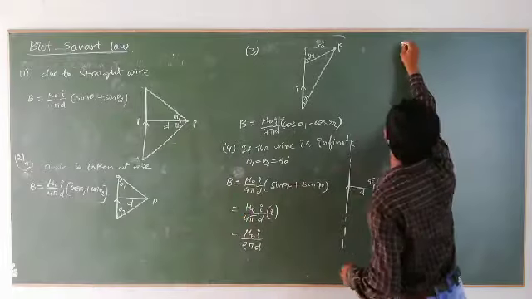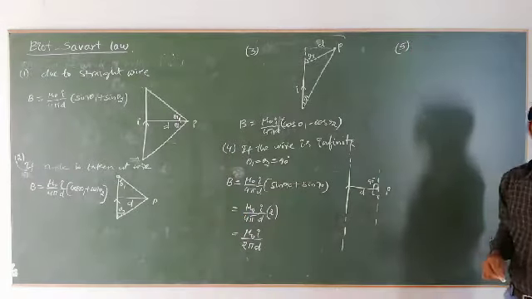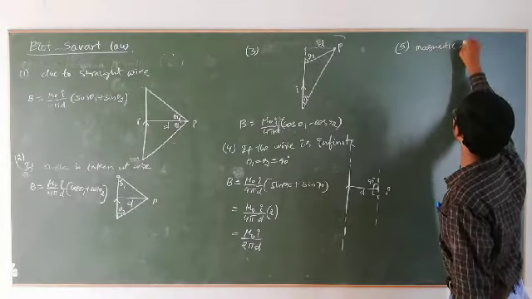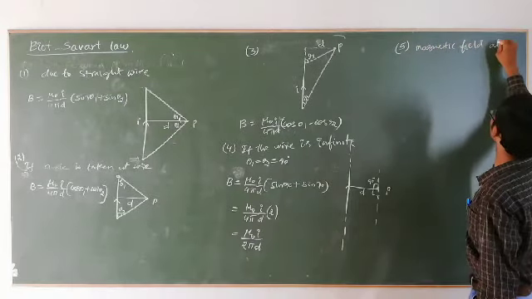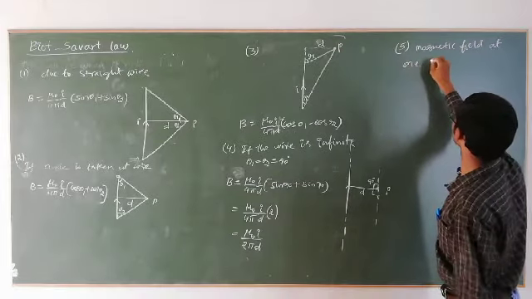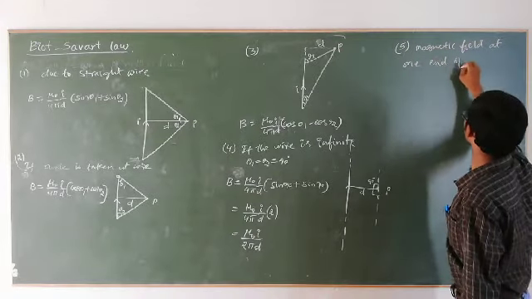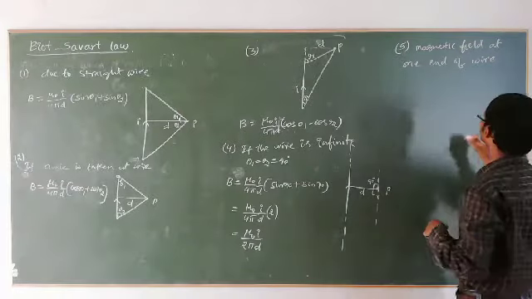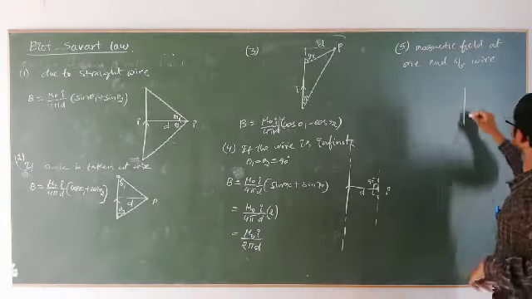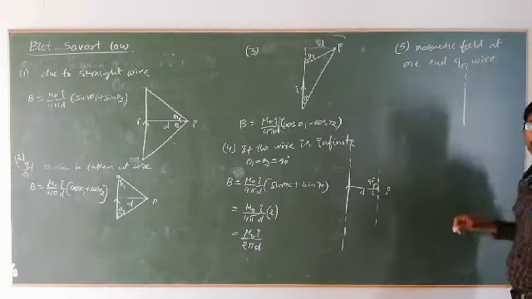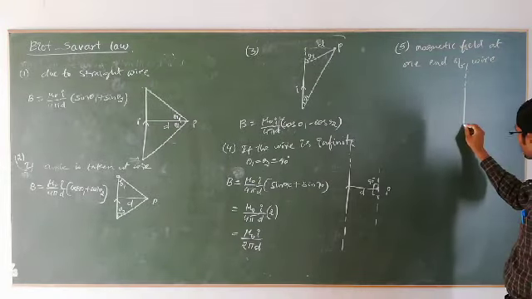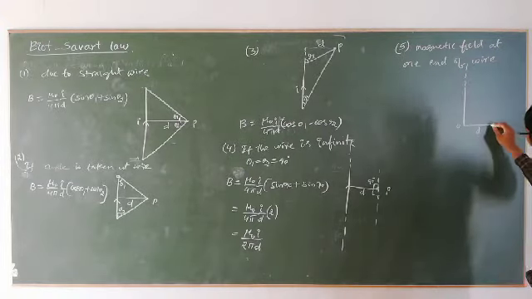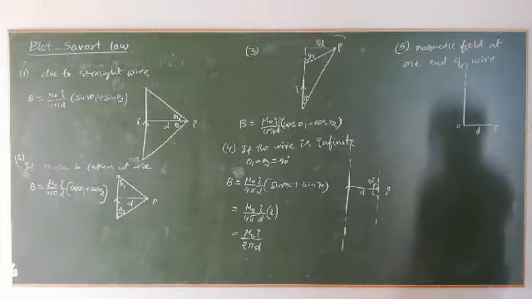Similarly, if we want to find the magnetic field at one end of the wire, which is of infinite length, at this point, which is at a distance d, we need to find the magnetic field.